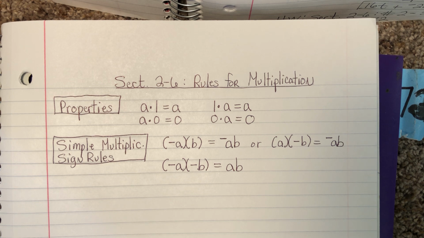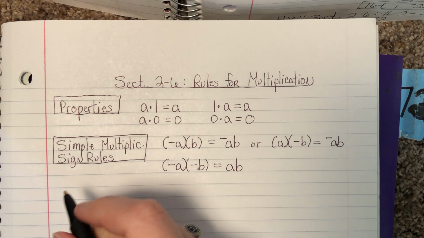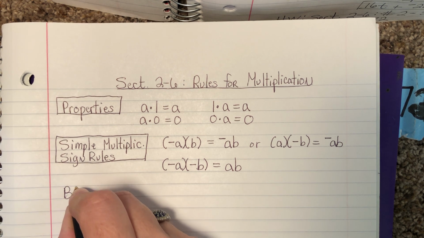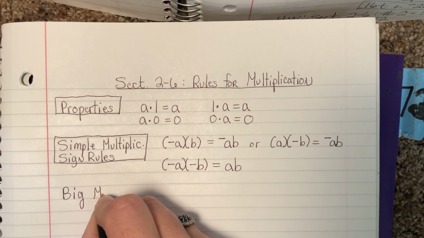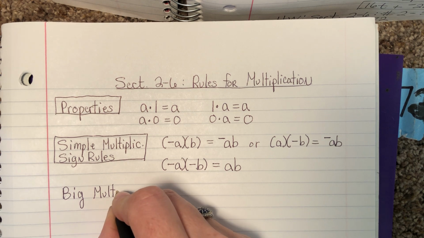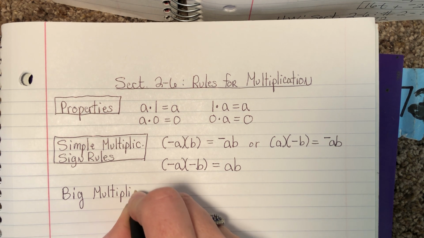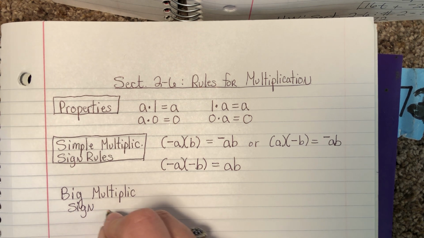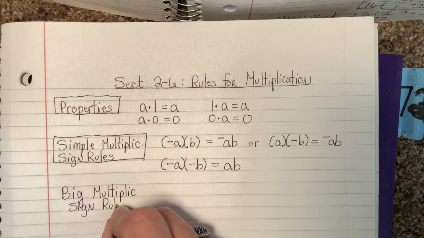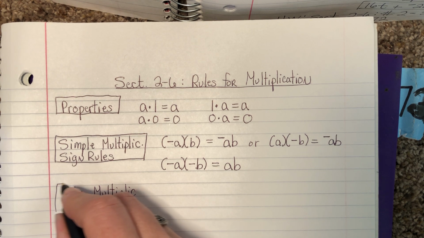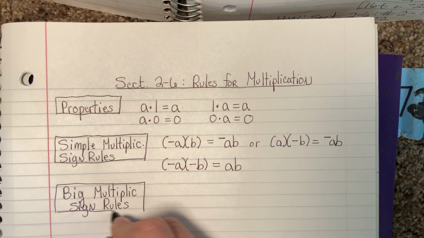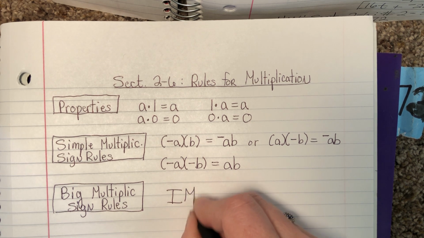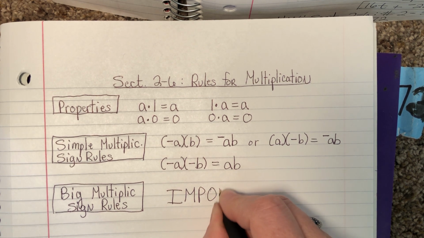And so I'm going to give you the big multiplication sign rule. Big or rules, because there's really two of them. And I'm going to write, this is really important and very handy too.